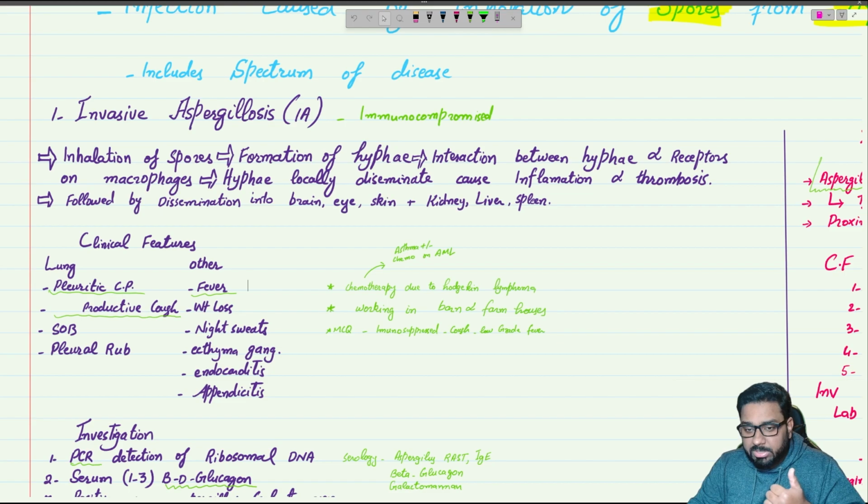So this is one thing that we will find in the question of aspergillosis. Someone working in a moist environment, most of the time it is farms, or someone working as a farmer.